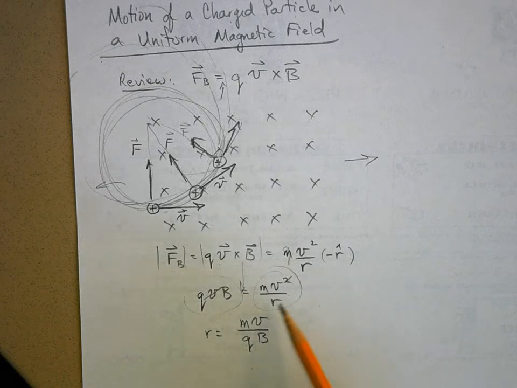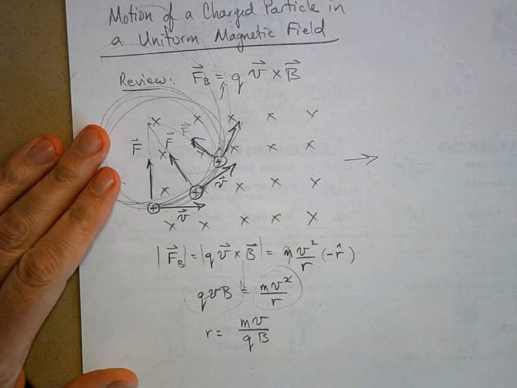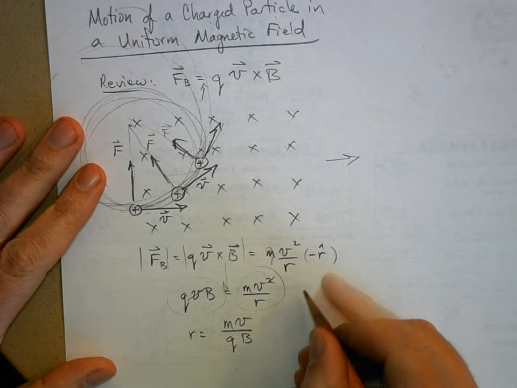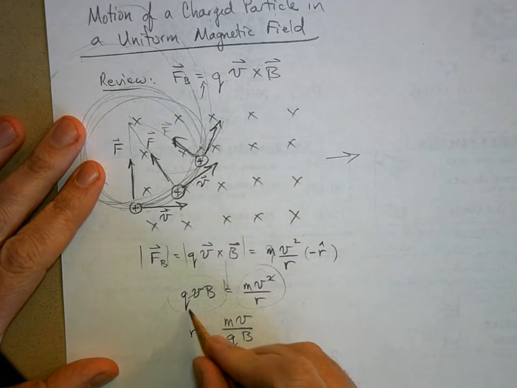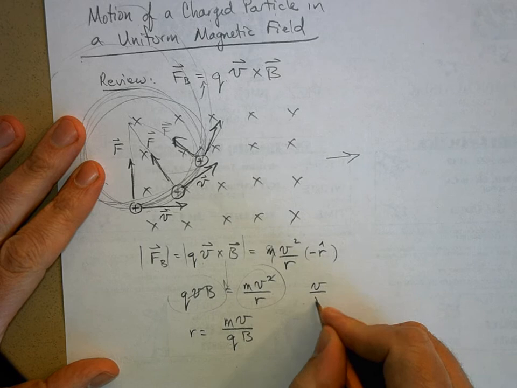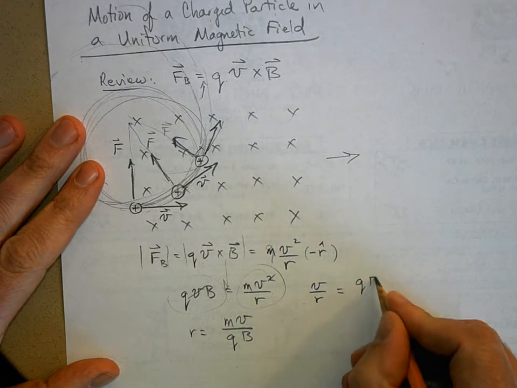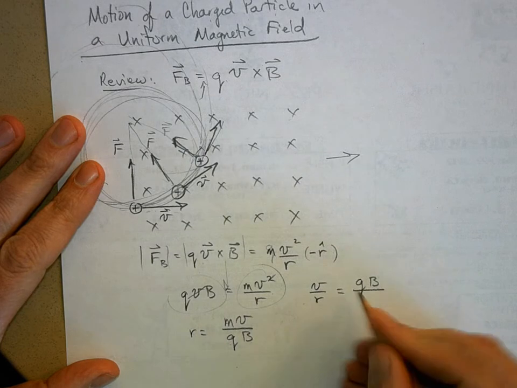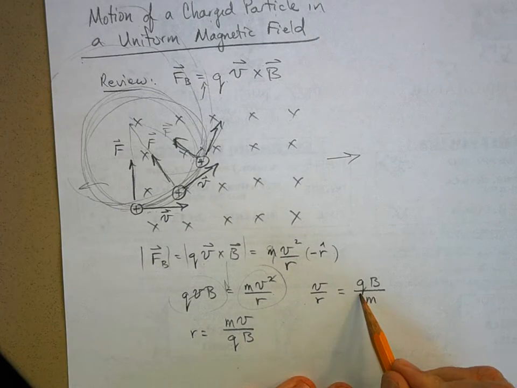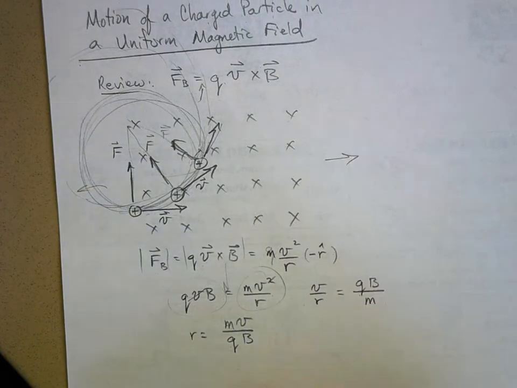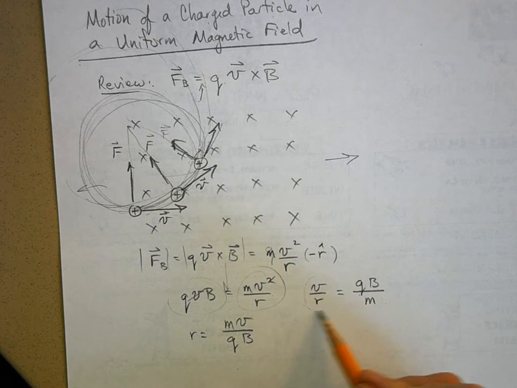Now, I could solve it for v over r. Let's do that. Take this, solve it for v over r, and we get qB over m. So the charge times the strength of the magnetic field divided by the mass. Now what is this?